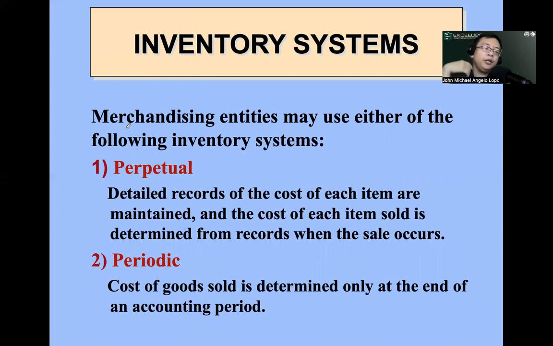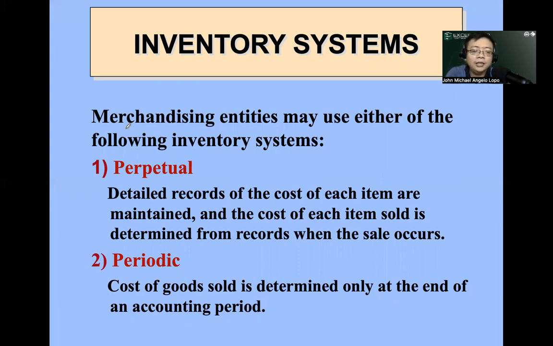In the perpetual inventory system, you record everything, and what you debit and credit is automatically charged to the inventory. That is their difference. In the periodic inventory system, it is not necessary to record everything, but you are required to conduct a physical inventory count.